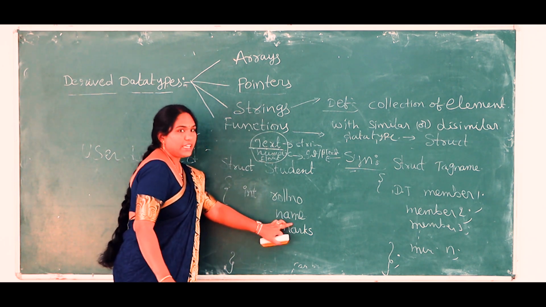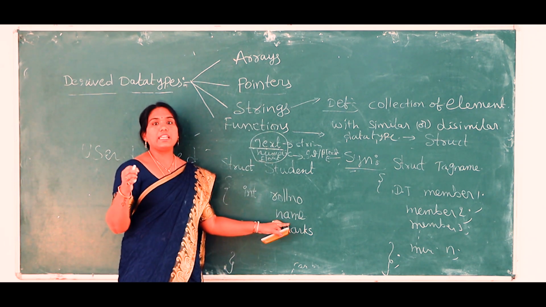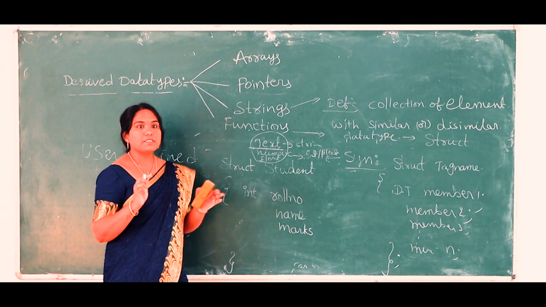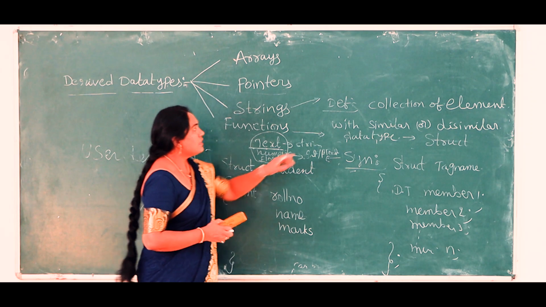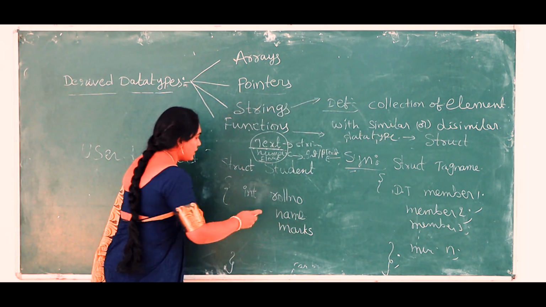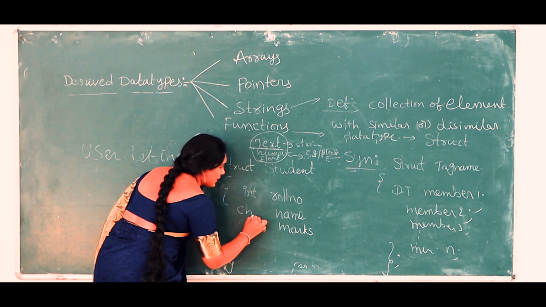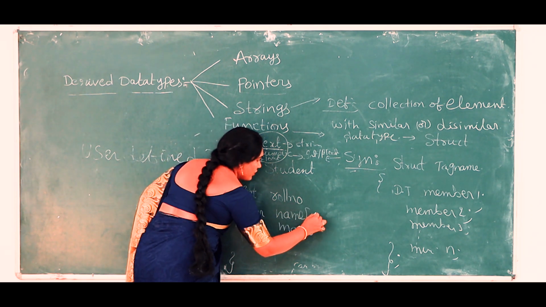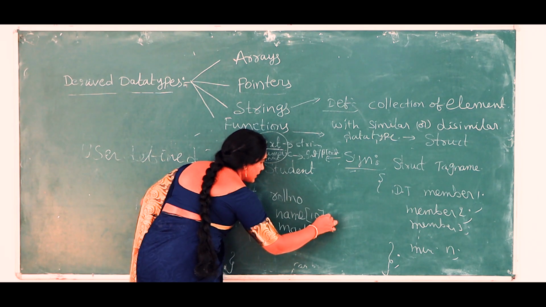And name. What is the name? The name is the collection of characters. Means you must define it as a string. In the previous class we discussed strings, right? String means we write it with the character data type, char name, and the length of the string is 10.